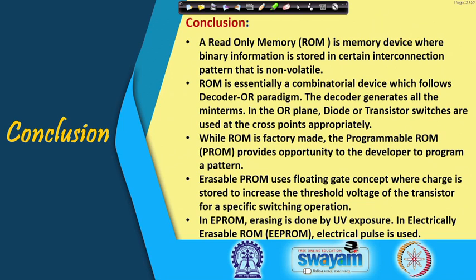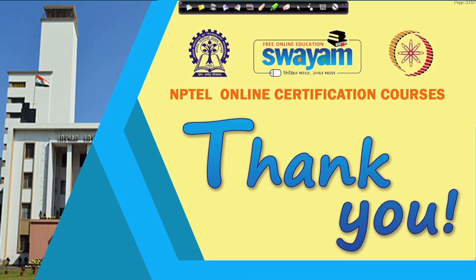Erasable PROM uses the floating gate concept, where charge is stored to increase the threshold voltage of the transistor for a specific switching operation. In EPROM, erasing is done by ultraviolet exposure, and in electrically erasable PROM, an electric pulse is used for erasing purposes. Thank you.